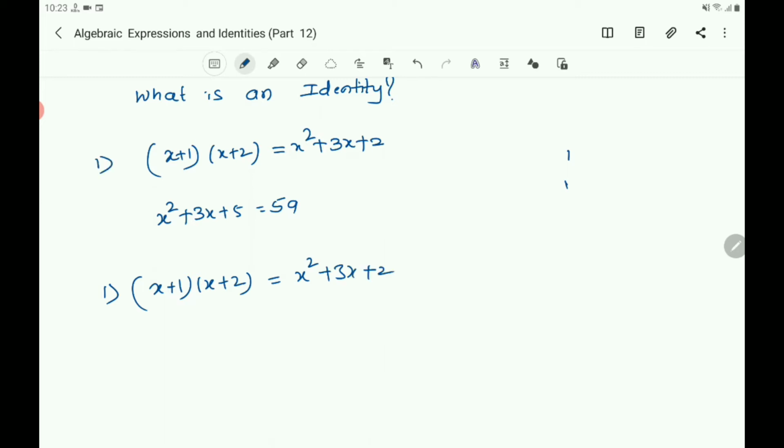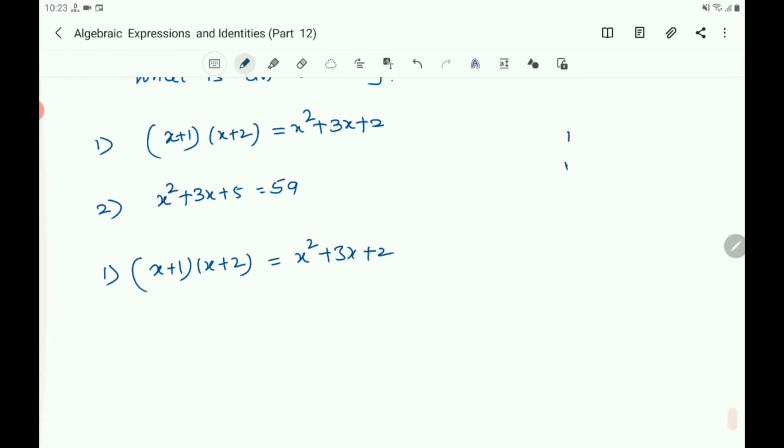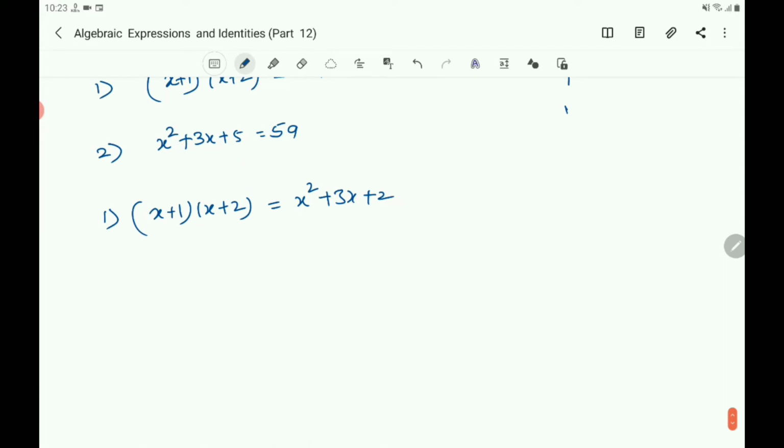This is the first one, and this is the second one. Now you take some values for x, so you take x equals 5 or x equals 10 or x equals 3, whatever it may be. You take x equals 4. Then you take the LHS.